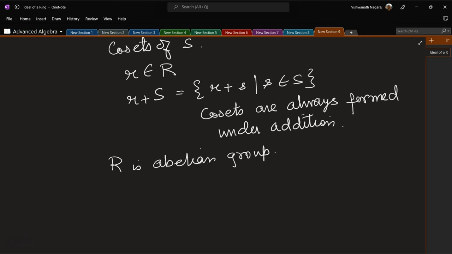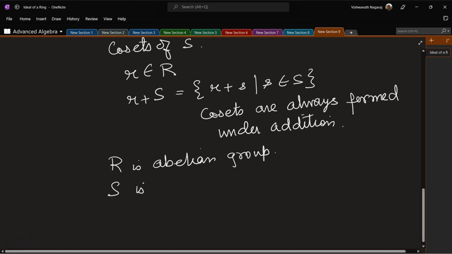Here, remember, R is an abelian group for a ring. What are the conditions? It should be closed under addition. It should be associative. It should have an identity. It should have an inverse, right? And it should be commutative when it comes to addition.